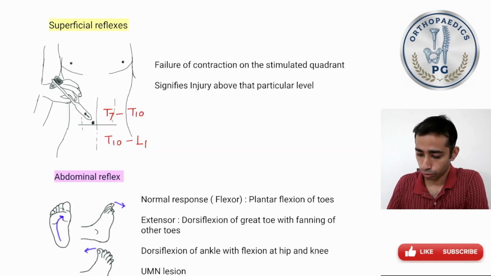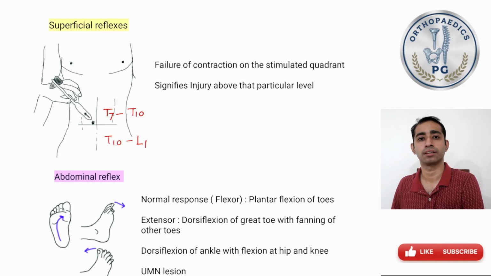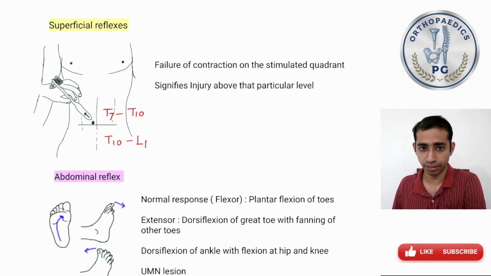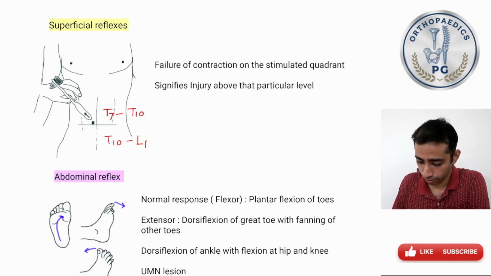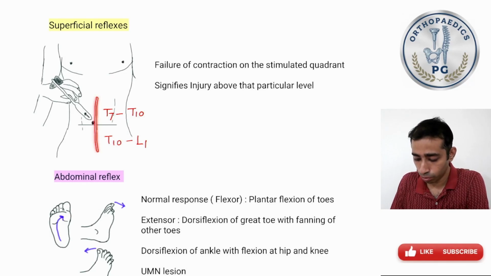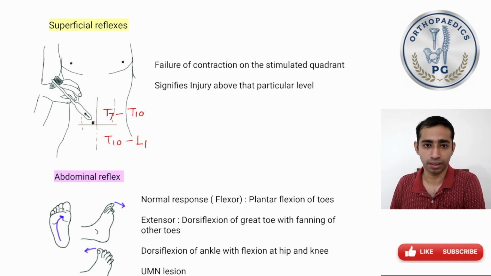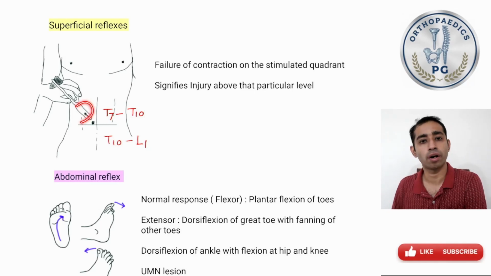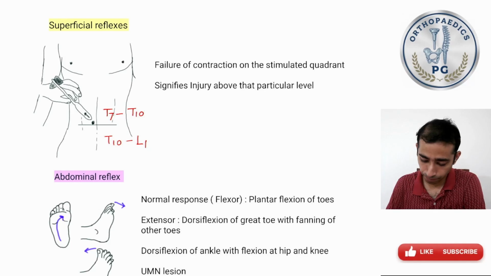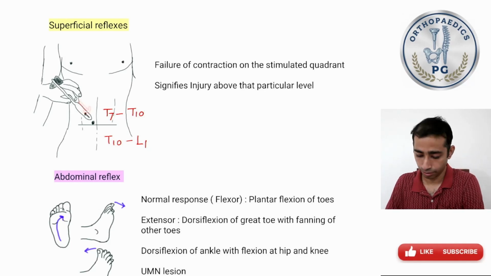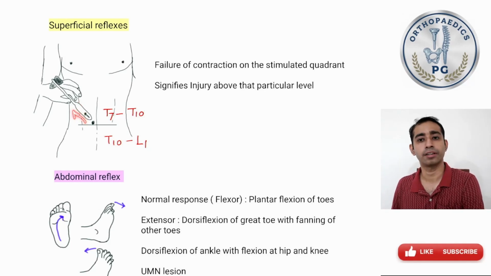Next we come to the superficial reflexes. The first superficial reflex is the abdominal reflex. Here the abdomen is divided into 4 quadrants by drawing a vertical and horizontal line along the umbilicus. Now the muscles on each quadrant is stimulated by stroking the skin over the muscle, either from outside to inside or from center to outward.